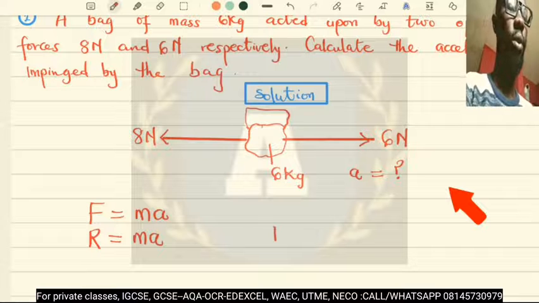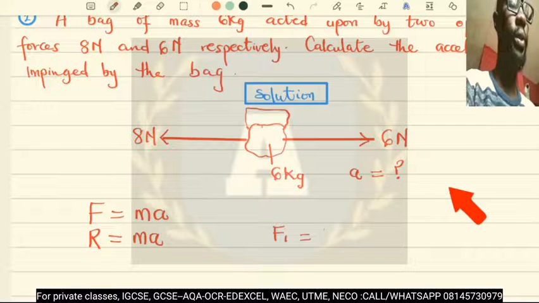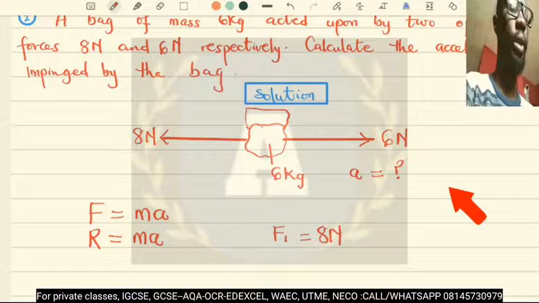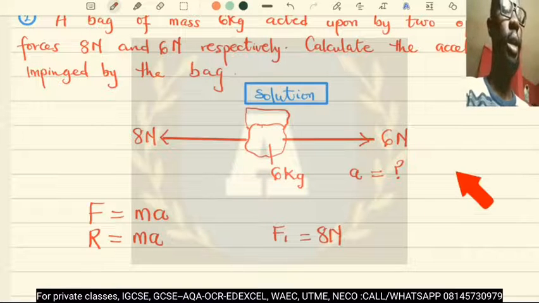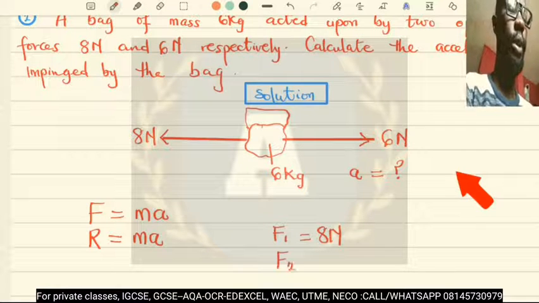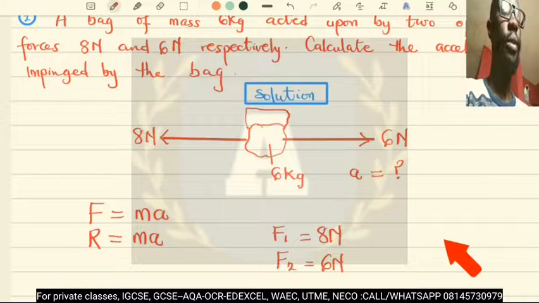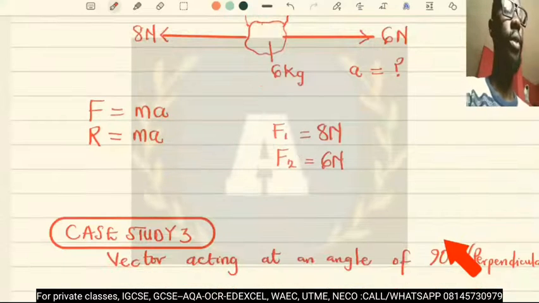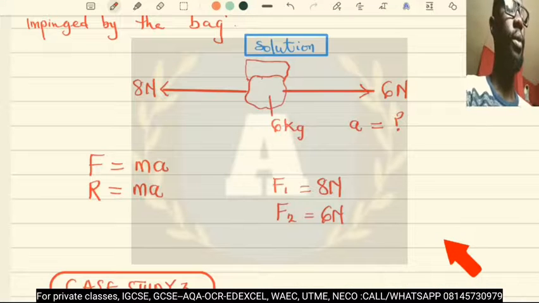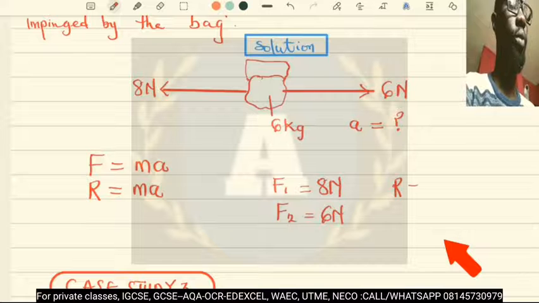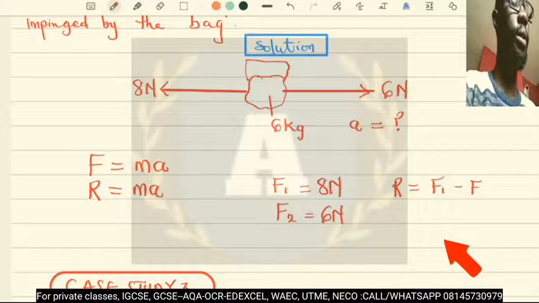Our F1 is 8 Newton, acting on the bag, and F2 is 6 Newton acting in the opposite direction. So we need to calculate the resultant. When they act in opposite directions, the resultant is F1 minus F2.